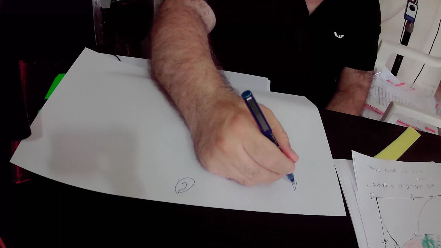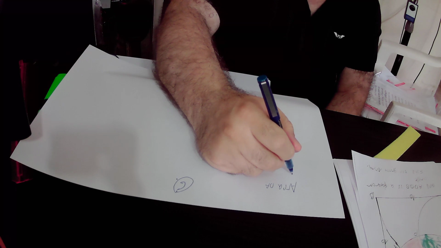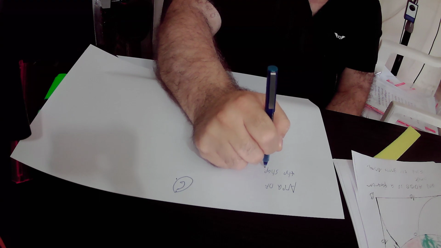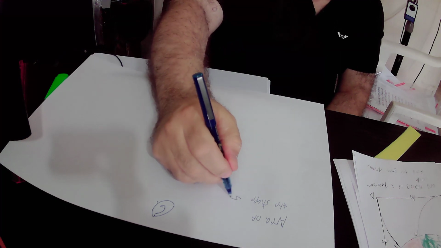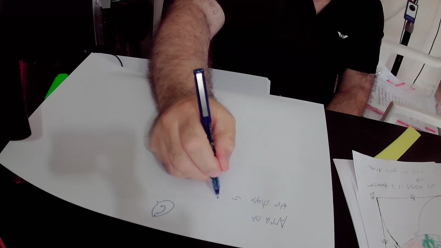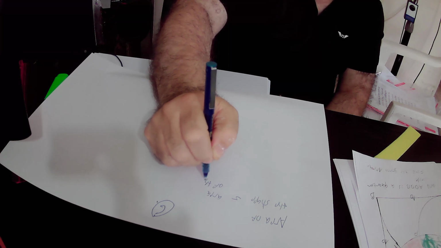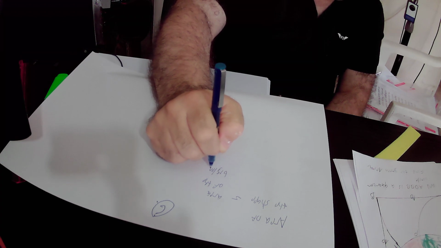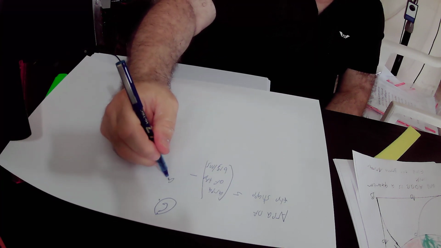I'll repeat again. The area of the orange shape equals to the area of the big lens minus the area of the blue lens.